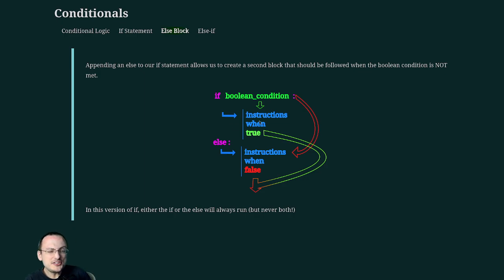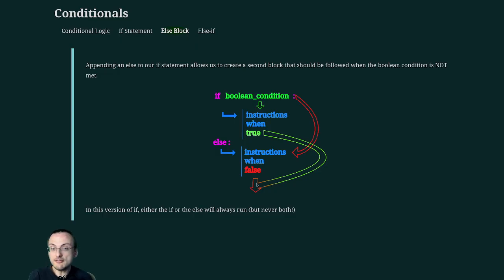If something in here changed what those variables were, then it would behave slightly differently. But that's a great way to think about the else statement, is it's if not this first condition, then do these. And so when we're using the else, we always do one or the other.